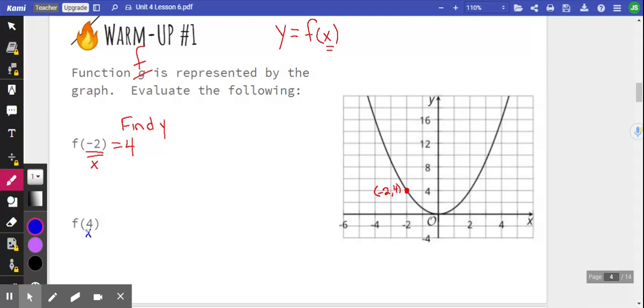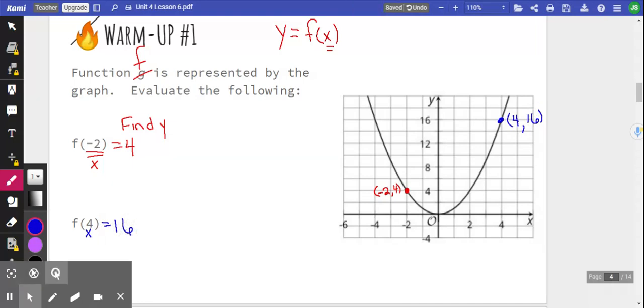So that's an x. So if I go to my x-axis and I find 4, I'm going to follow it up to where it hits that graph. Okay, so where we hit this graph up here at this point, that point would be +4 for the x, and then the y, when I follow over, is 16. So when x is 4, the y is 16. And now I have that output.